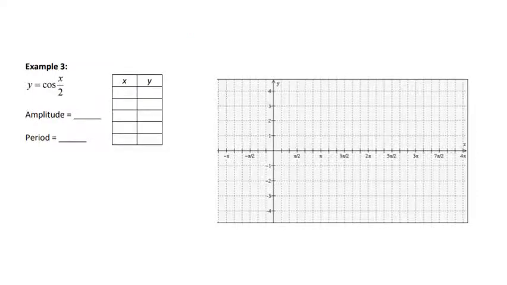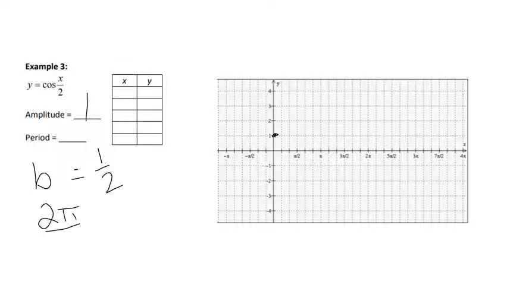Example 2 does not have a multiplier out in front. So that means that the amplitude is 1. So that means we're doing this for the starting point. Now, the frequency is different. The b is 1/2. So when we do 2 pi over b, 2 divided by 1/2 is like saying 2 times 2.